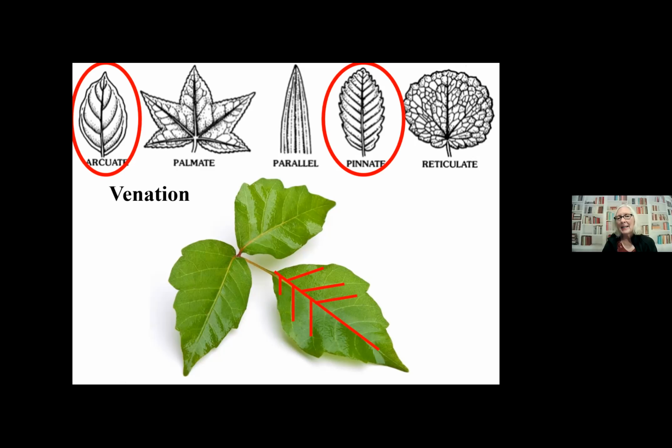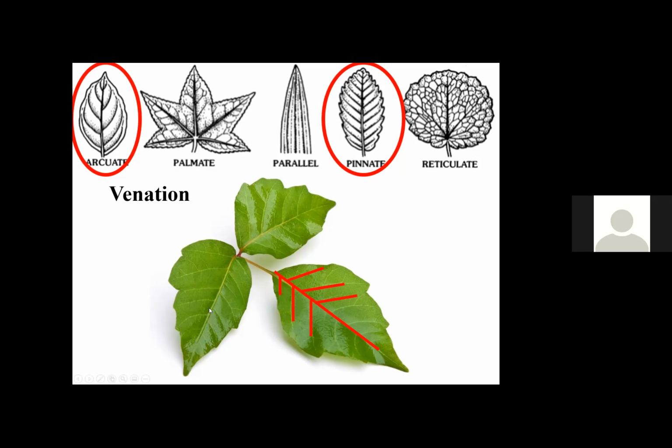Pinnate is opposite, whereas arcuate is alternate? Alternate, yeah, that's part of it. It doesn't have to be, but yes. Arcuate is also more swoopy. I don't know if that's a technical term. In fact, I know it's not the technical term. Like Prunus leaves, yes. So pinnate doesn't have to be opposite. It tends to be, but arcuate is always more swoopy and tends to be more alternate.